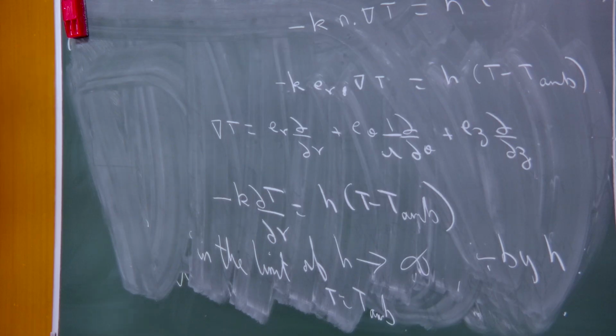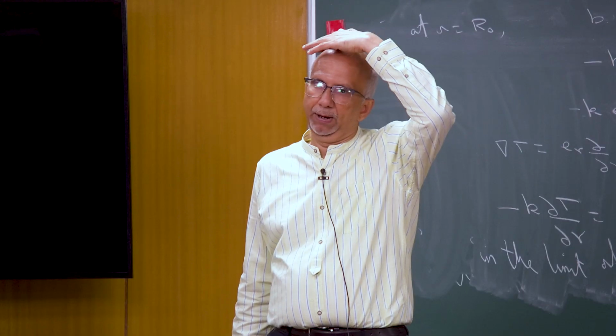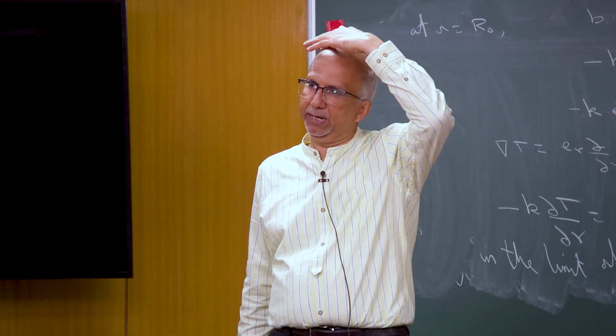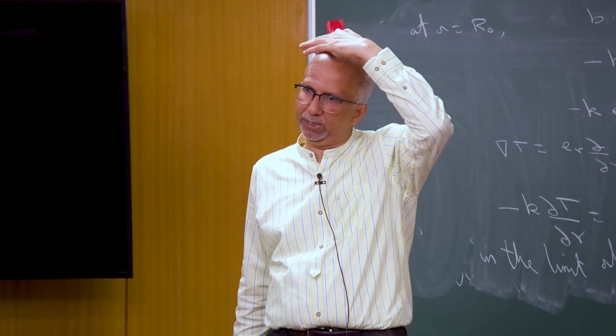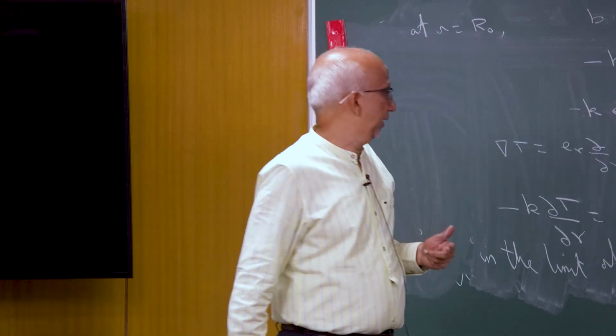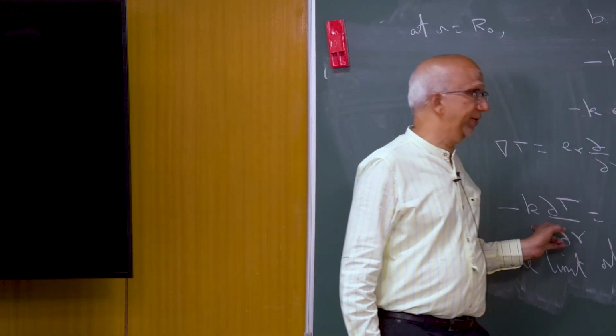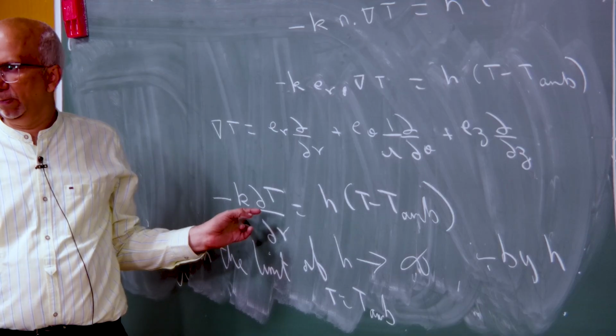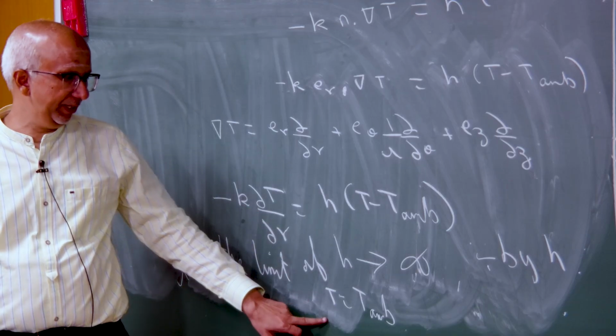Why am I doing this? Because this is basically a Dirichlet condition. I am specifying the temperature at the surface as being equal to the ambient temperature. In mathematical parlance, we call the earlier one the mixed boundary condition or the Robin boundary condition. Here this is a Dirichlet condition.